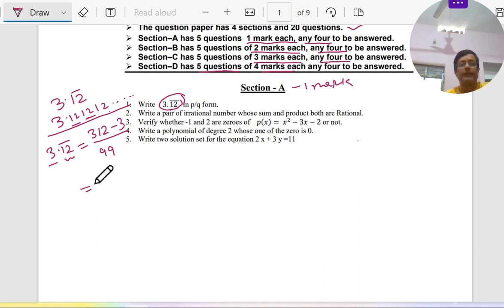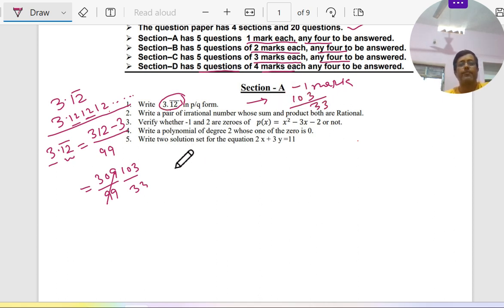So you get 309 over 99. If you cancel it by 3, because these numbers are divisible by 3, you get 103 over 33. So your answer is 103 over 33.